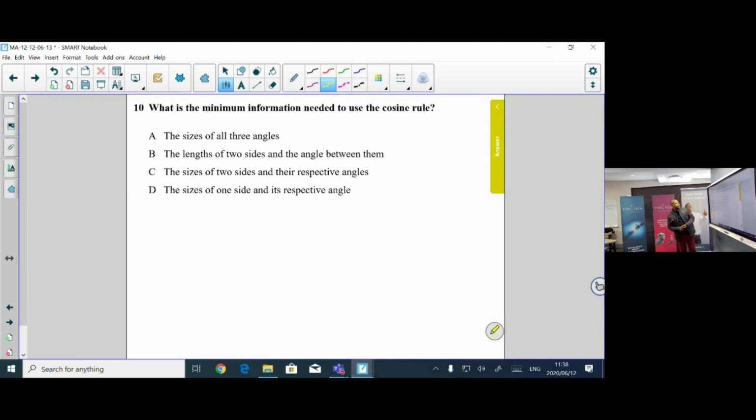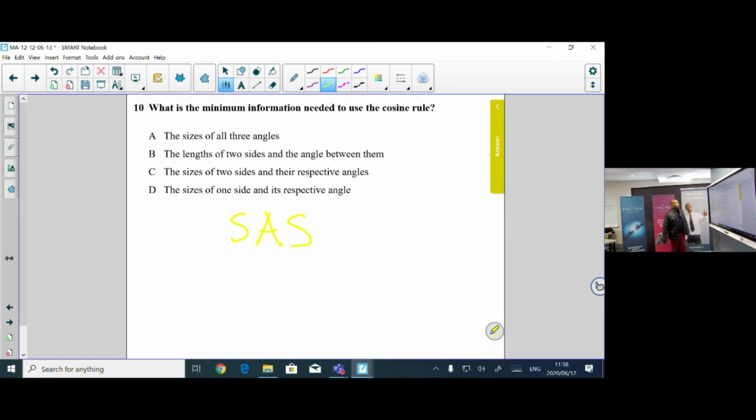The sizes of two sides and their respective angle. The sizes of one side and its respective angle, or one side and one angle. So you are simply looking for what sounds like side, angle, side.